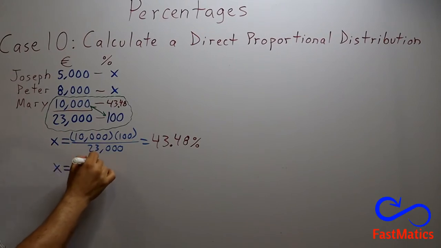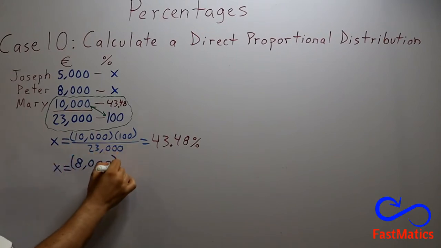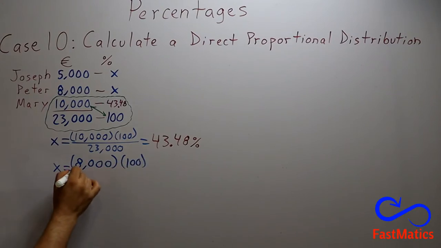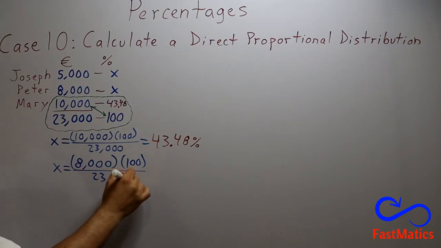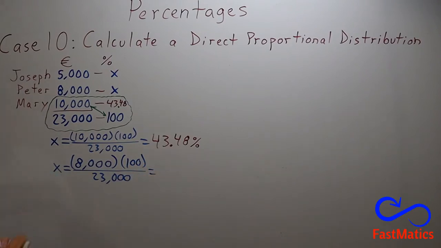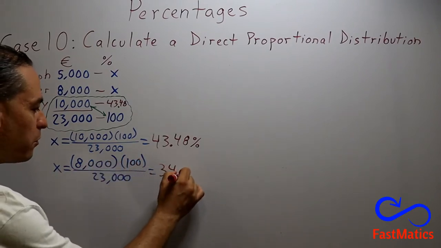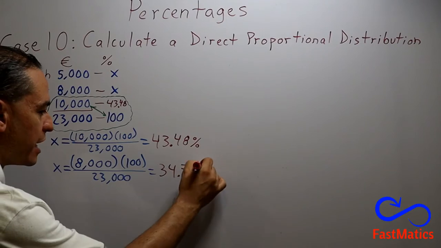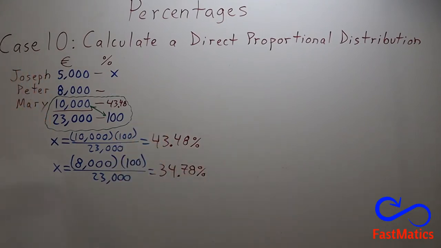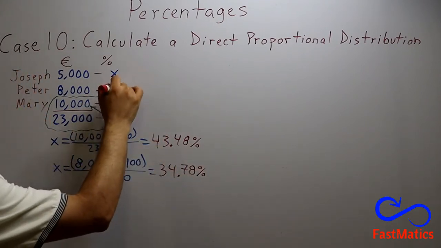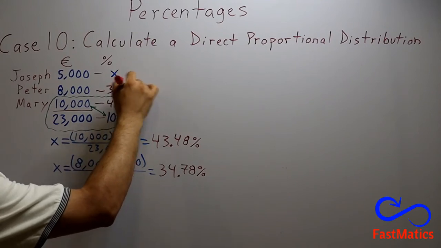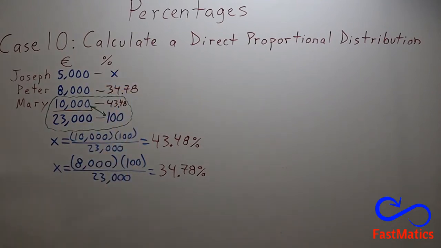Then we have 8,000 times 100 divided by 23,000. And the answer is 34.78%. That means that Peter is investing 34.78% of the money.